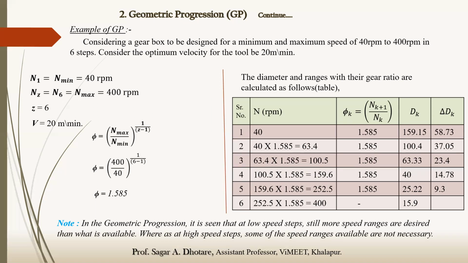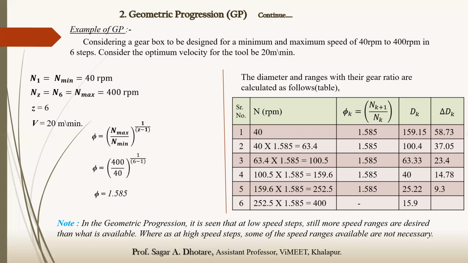So what are the various speeds which we achieved? In stage 1, 40. In stage 2, 40 multiplied by 1.585, that is 63.5. In stage 3, 63.5 multiplied by 1.585, that is 100.5. Similarly, in the fourth stage it is 159.6.